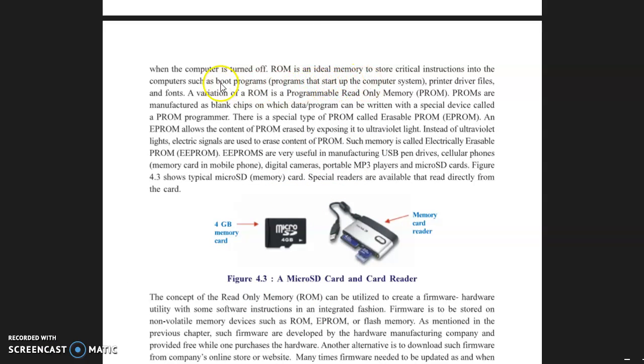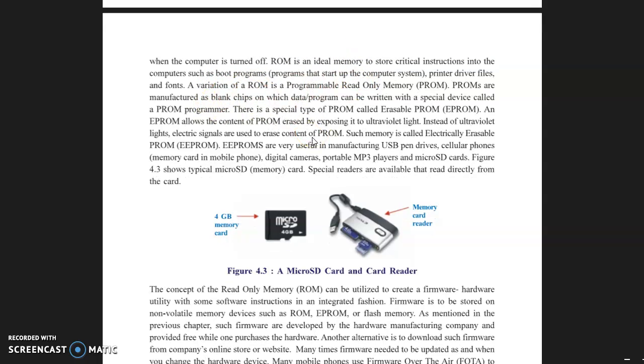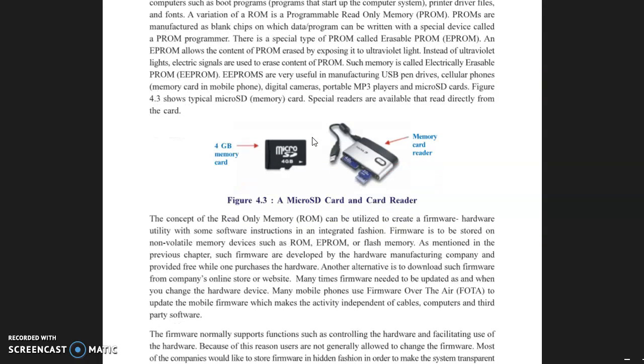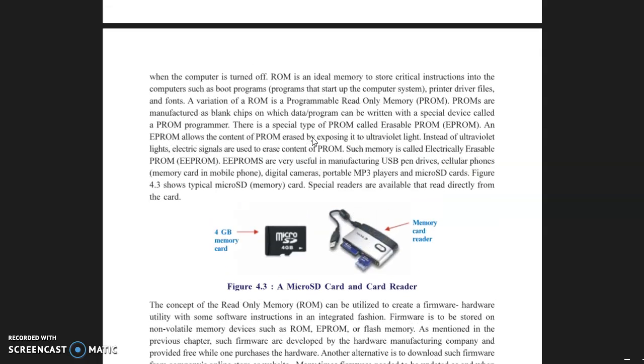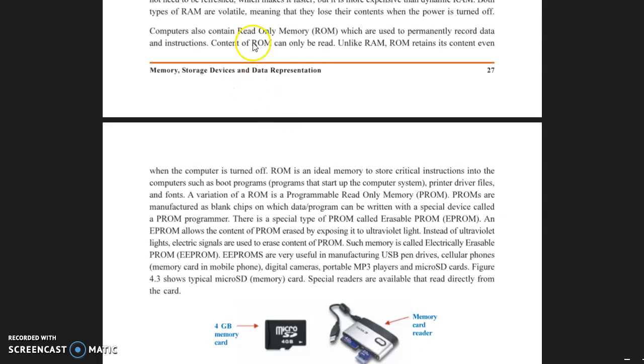When the computer is turned off, the ideal memory stores critical instructions for the computer. So ROM, PROM. Computers also contain read-only memory. What is meant by read-only memory? When we start our computer, some black and white lines come and go. We cannot edit or erase them.